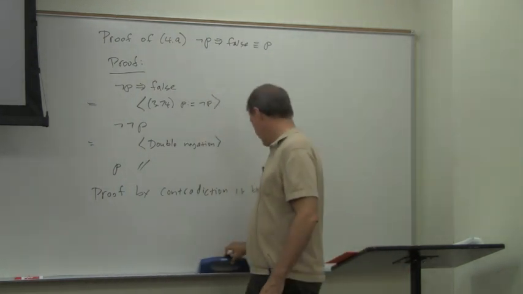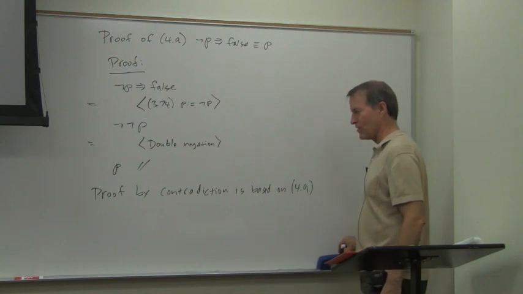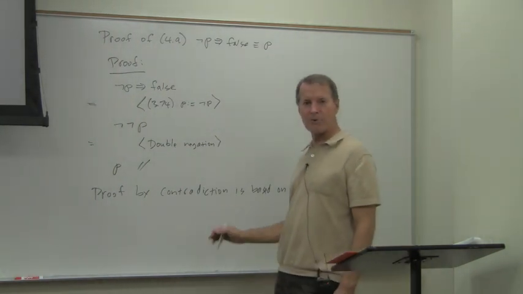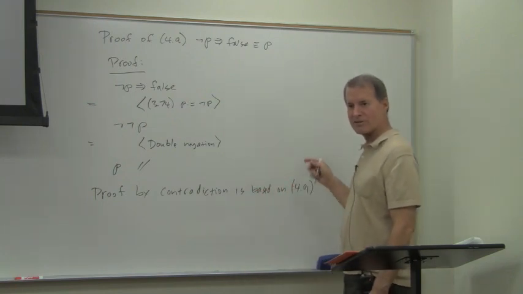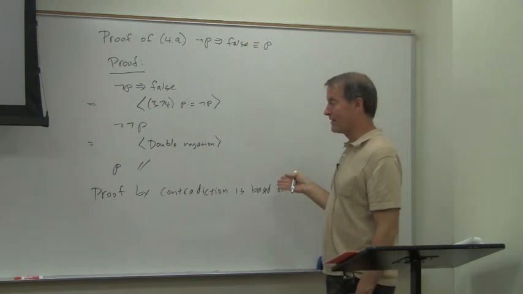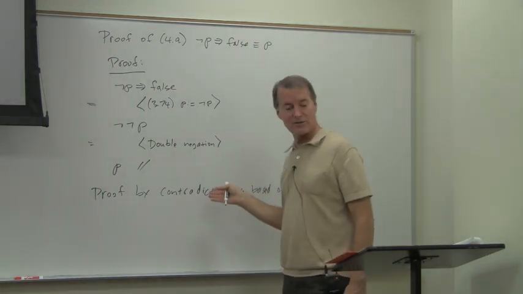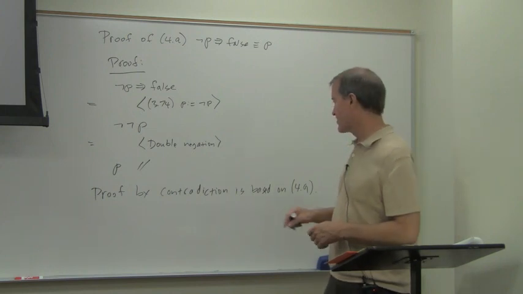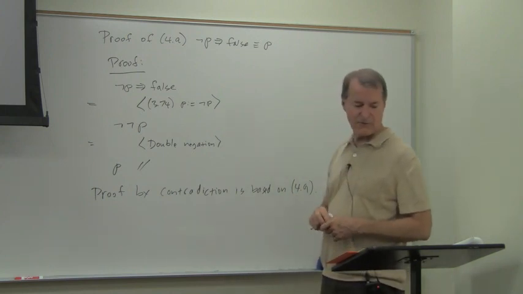Maybe our cameraman remembers the halting problem. Do you remember having to solve the halting problem? The halting problem is solved by proof by contradiction. You will run up against this a lot in computer science. So proof by contradiction is based on 4.9.